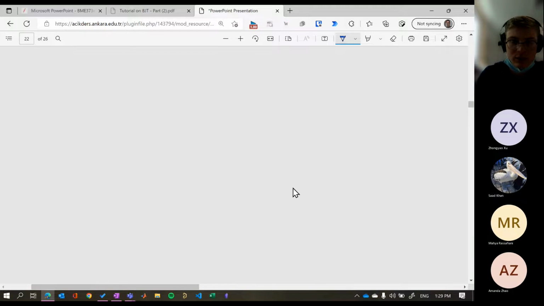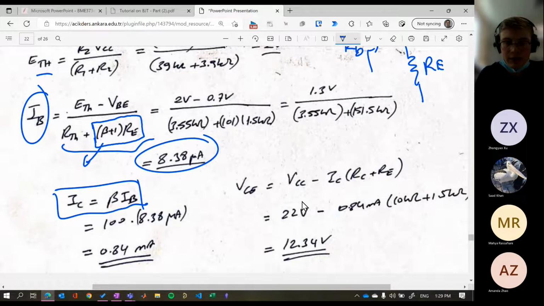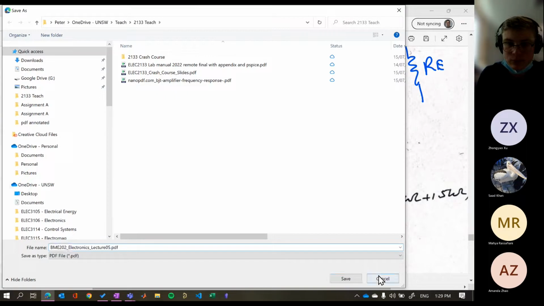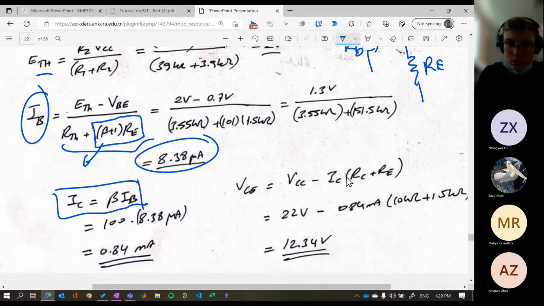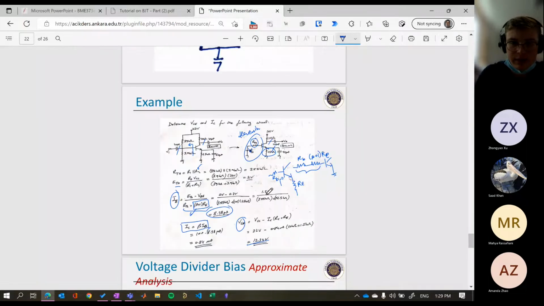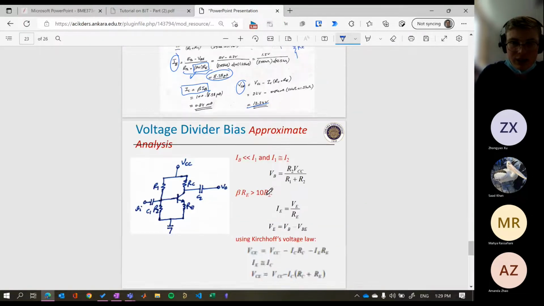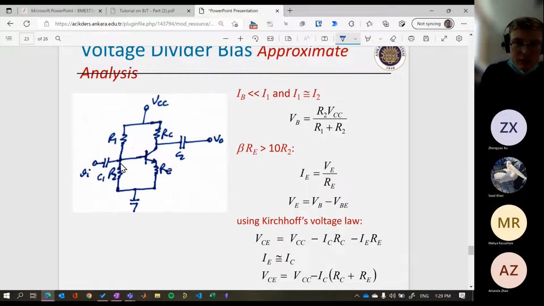And finally, I apologize, I've lost this. Finally, we can find a value for VCE that we're biasing at. Approximately, we can just do a voltage divider on this VB.